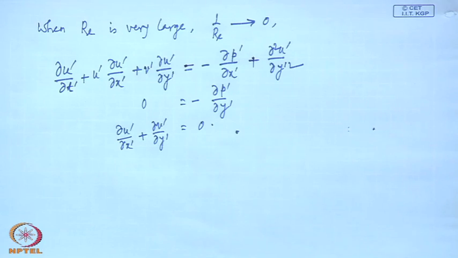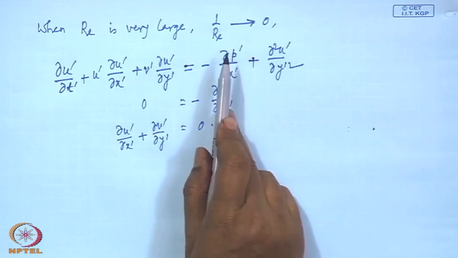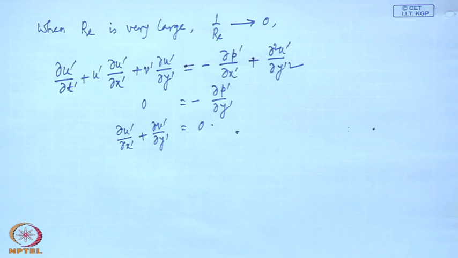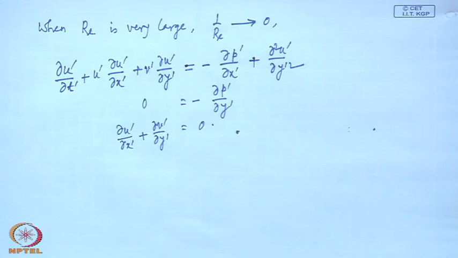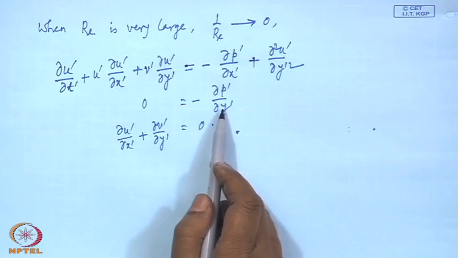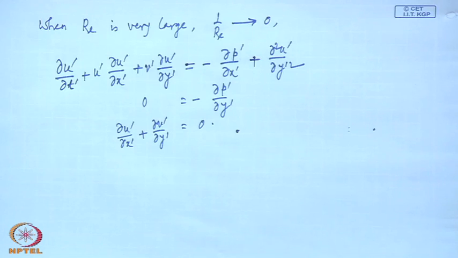One thing is clear from here: the equations for very large Reynolds number do not contain the parameter Reynolds number. So, it is obvious that the solution of these equations, where your parameters are u prime, v prime, p prime, will not contain Reynolds number, because the Reynolds number does not appear in the equations, neither does it appear in the boundary conditions.